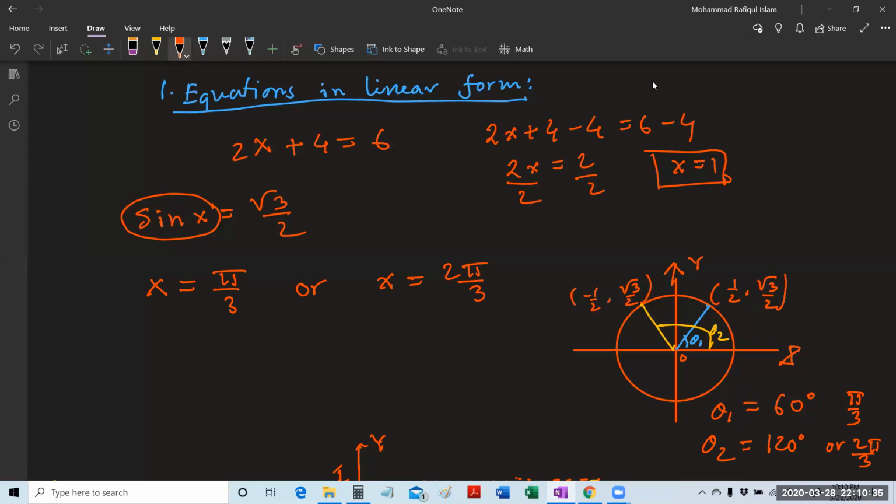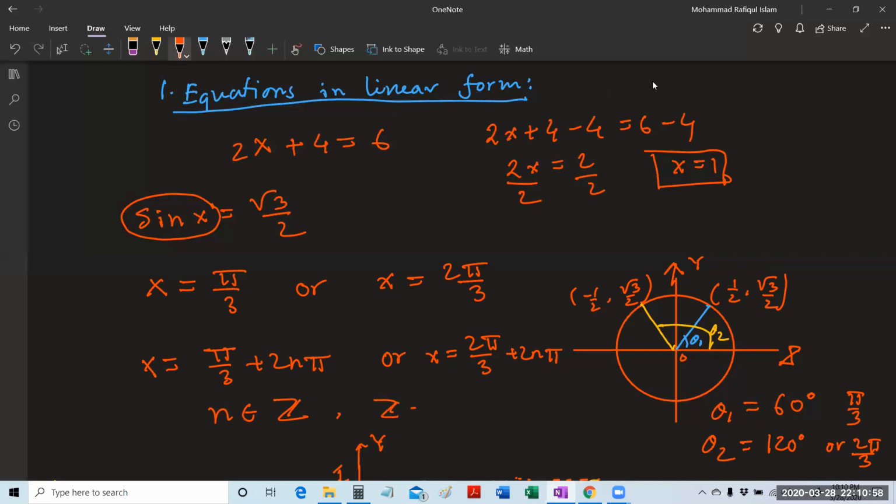That means we can write x equals pi over 3 plus 2n pi, or x equals 2 pi over 3 plus 2n pi, where n belongs to the set of all integers.